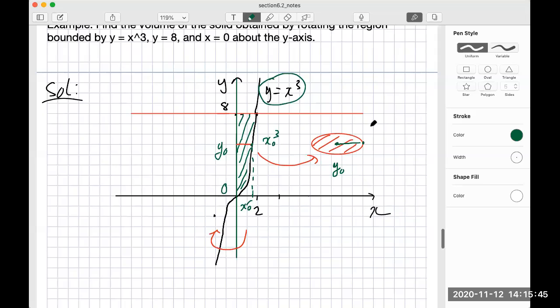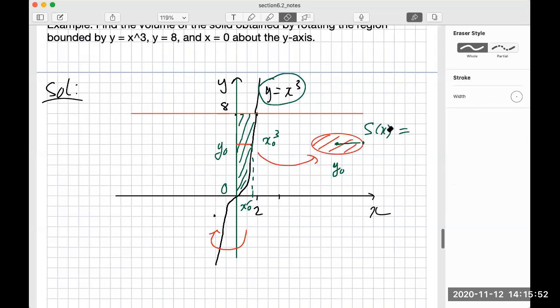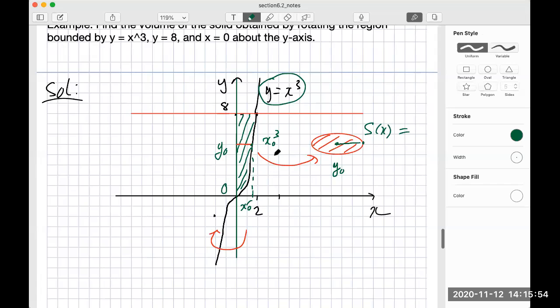So what is the area of this circle? It will be this distance, right? And this is x0.